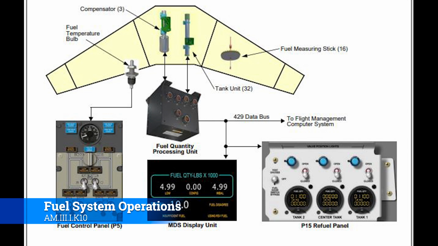Those compensators are going to be set up in the various fuel tanks, and they're going to take readings from the tank units. There are going to be several of these tank units spread across all of the different fuel cells, and they're going to read how much fuel is in that tank. And keep in mind, using capacitance, like we've talked about before, we're going to get the weight of the fuel, not the gallons of the fuel per se.